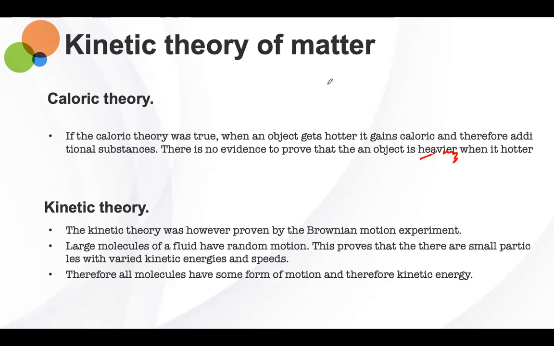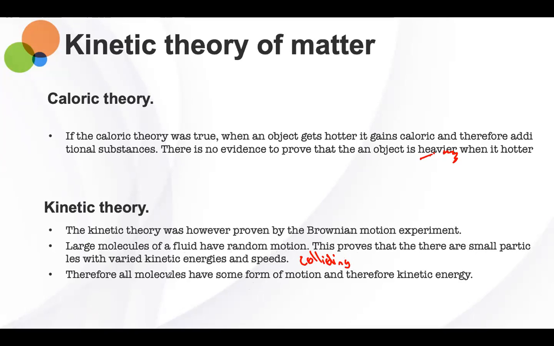So, as I said, large molecules of a fluid have random motion. They are small particles with varied kinetic energies and speeds that are constantly colliding with these larger objects.